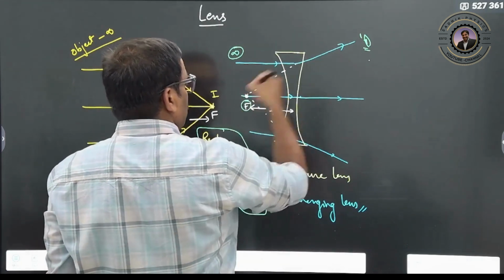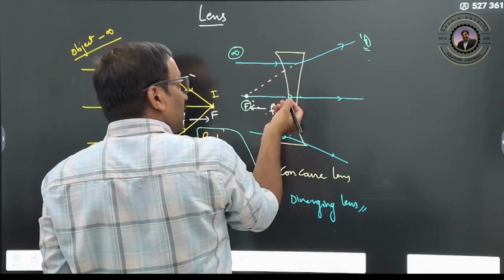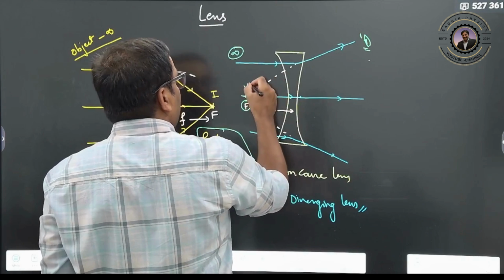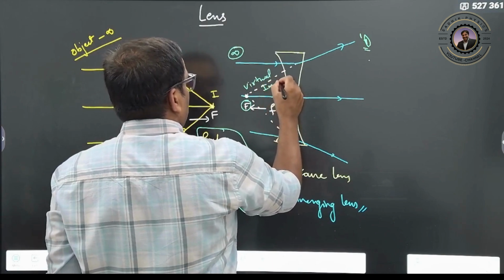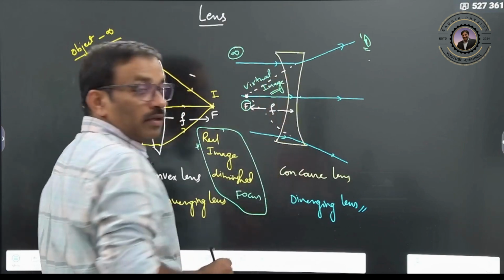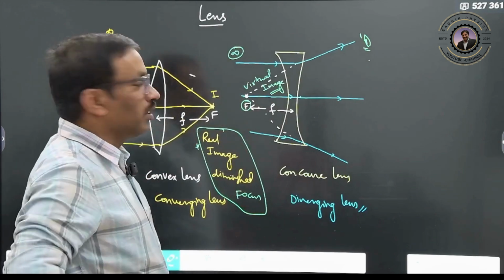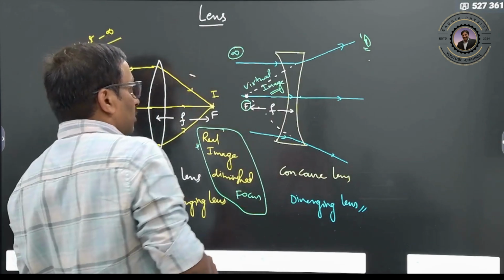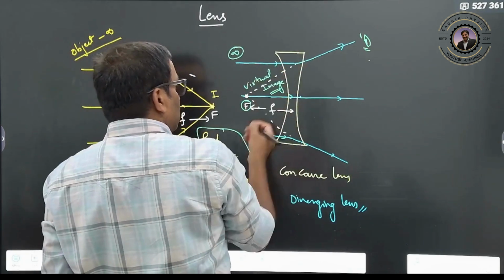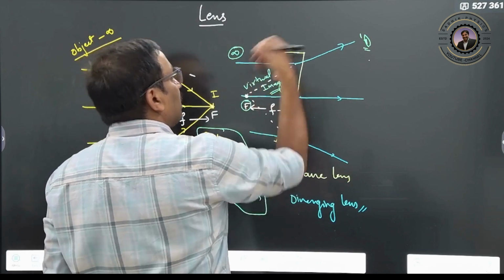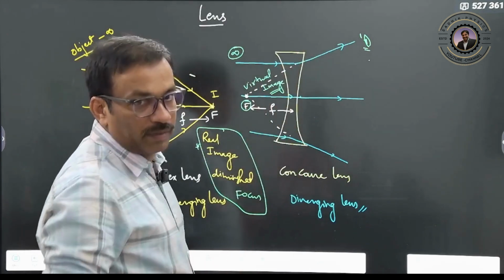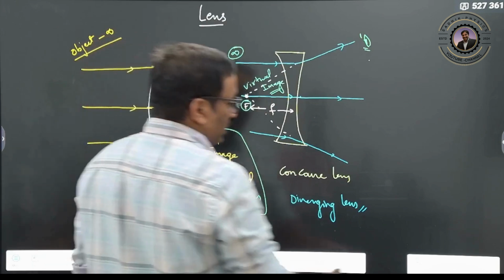So this image is not really formed; this is called a virtual image. Understand? So it is a virtual image. Clear? Formed at the focus. Real light rays are not coming from here, but they appear to be coming from here. Clear? Now, we will see.